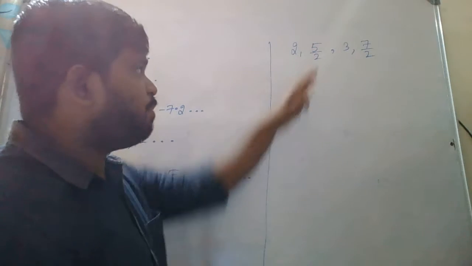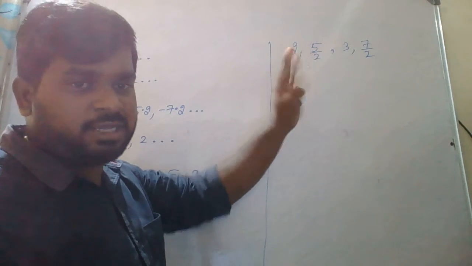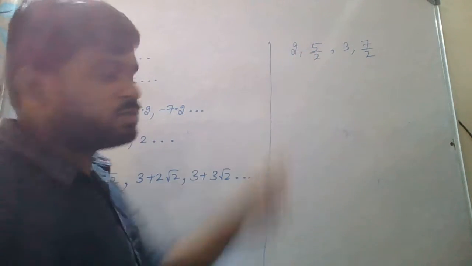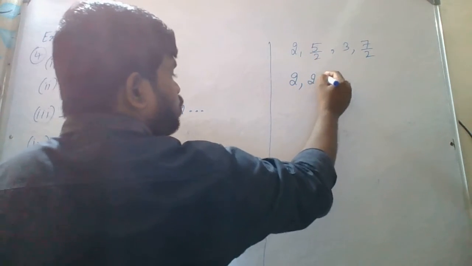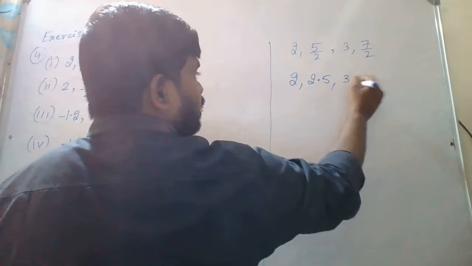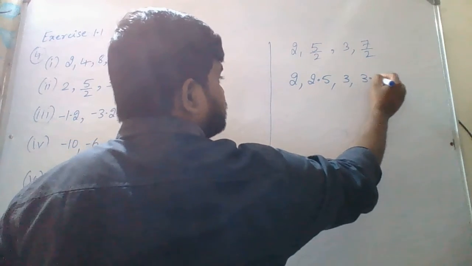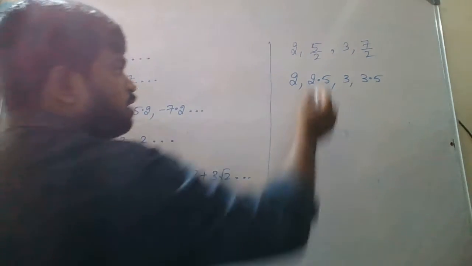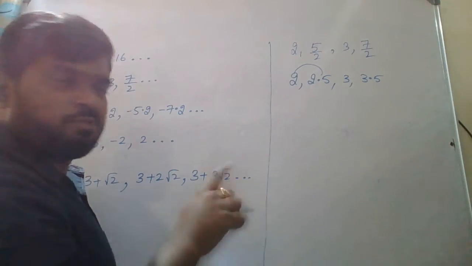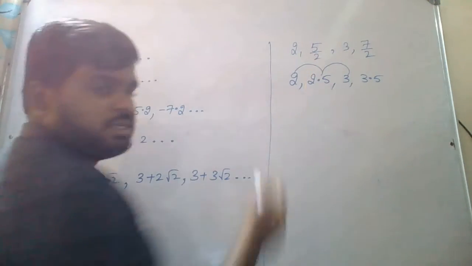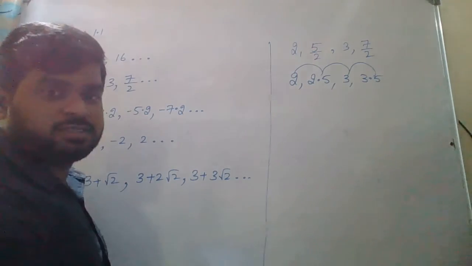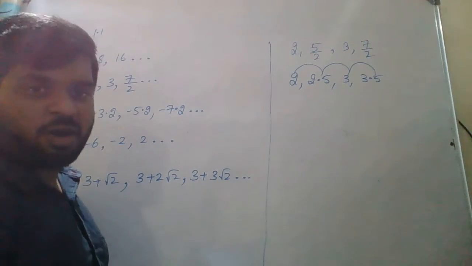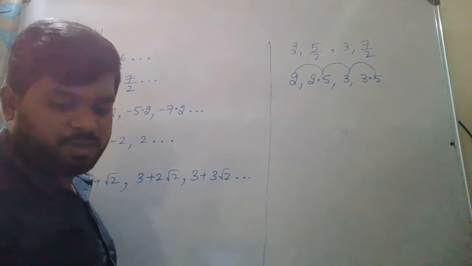Usually keeping in fractions and subtracting is the easiest way, but this problem is a bit easy, so let's do it like that. 5 by 2 can be written as 2.5. 7 by 2 can be written as 3.5. So if you observe, 2.5 minus 2 is 0.5, 3 minus 2.5, again 0.5, 3.5 minus 3, again 0.5. You're getting a common difference, therefore this is an AP.